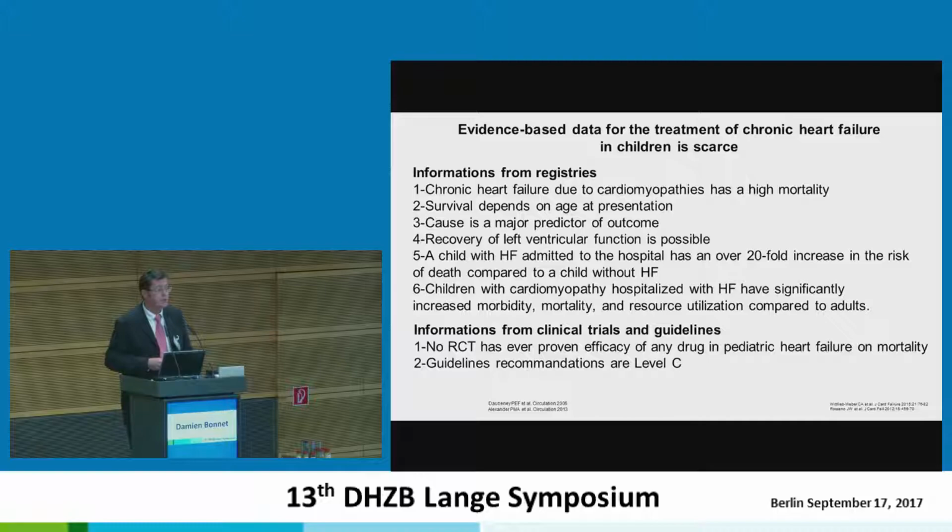Recovery is also possible, and it's a big difference between adults and children, because recovery of the left ventricular function has to be taken into account in the trials and to predict the outcome, as well as the number of patients to be included. And we know that the cost is very important, the cost in mortality for a child admitted for heart failure, but also the cost in money.